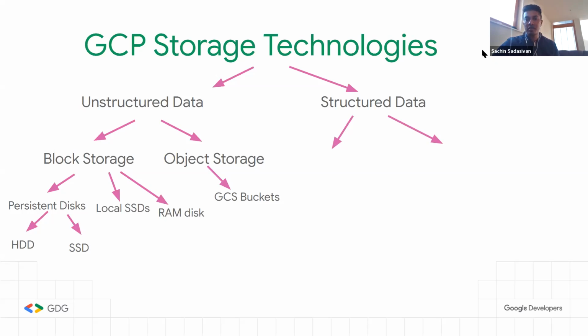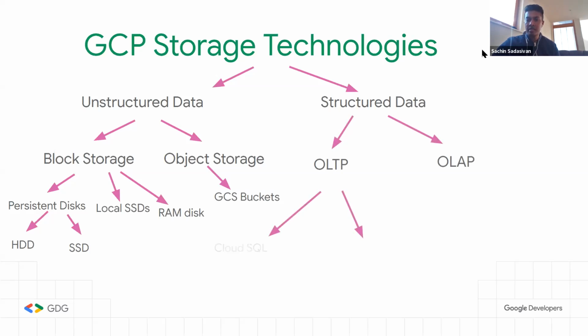The user is not directly interacting with the data itself, but through the objects in GCP, you can manage those GCS buckets. In structured data, we have two types, OLTP and OLAP: online transaction processing and online analytical processing.